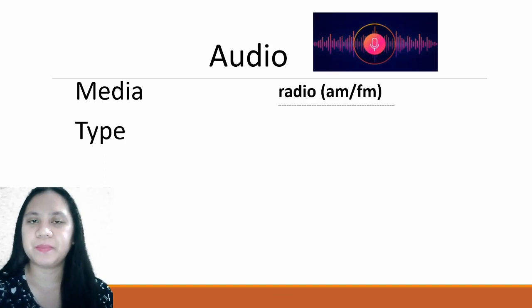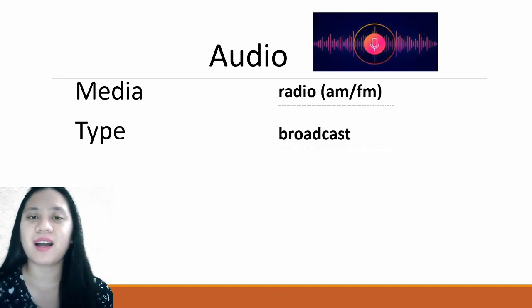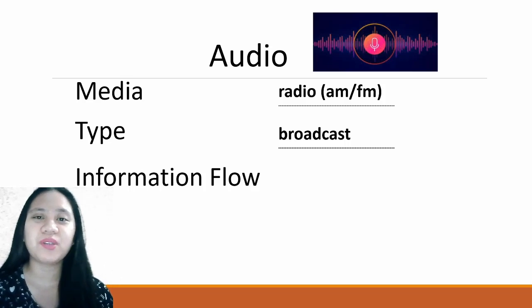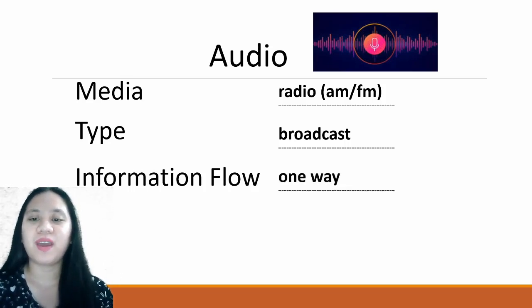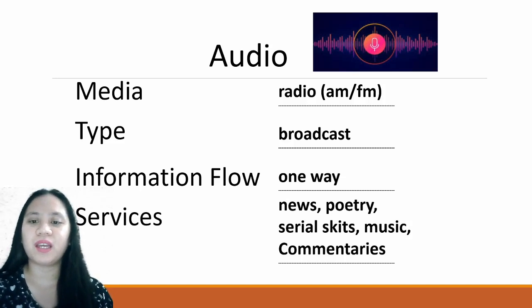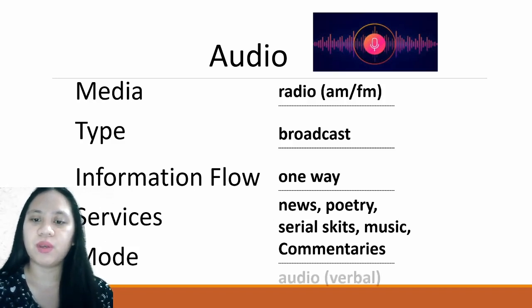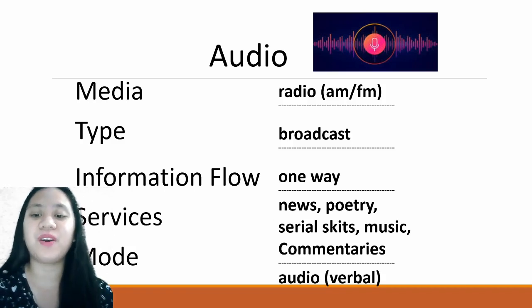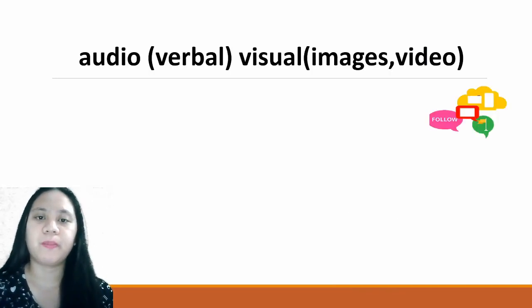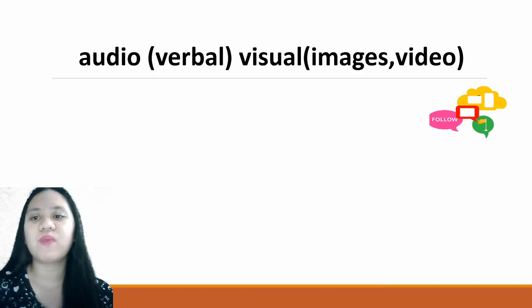The type is broadcast. The information flow is one-way, so there is no collaboration. The services are news, poetry, serial skits, music, and commentaries. The mode of audio is verbal, because it is audio. Next, audio, verbal, visual, images, and video.